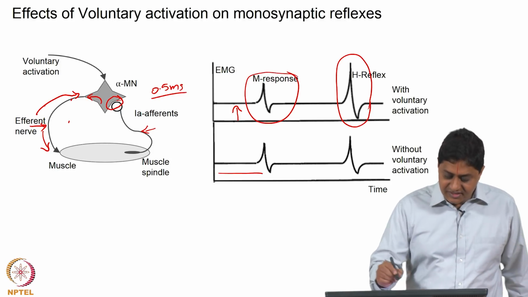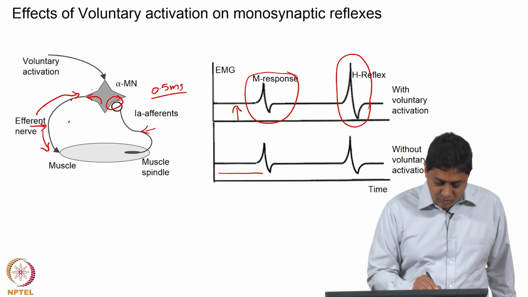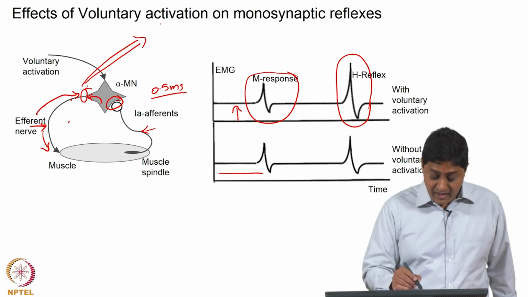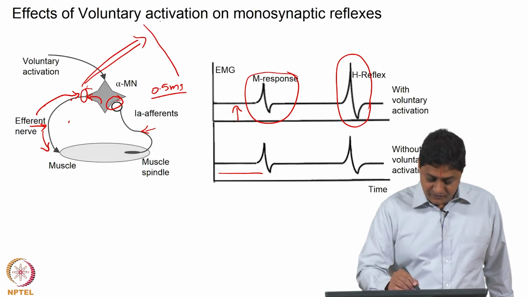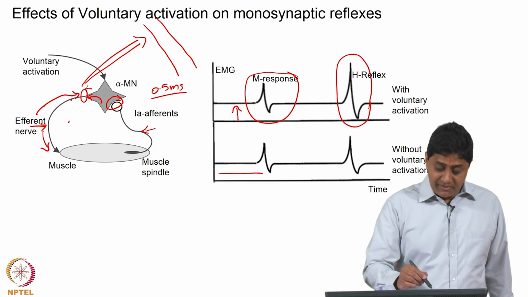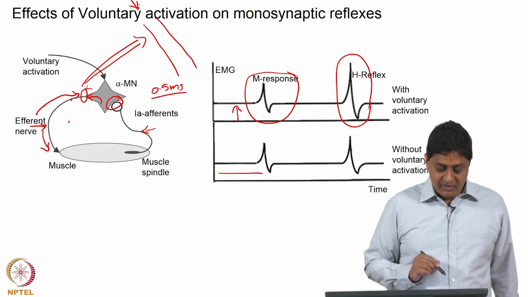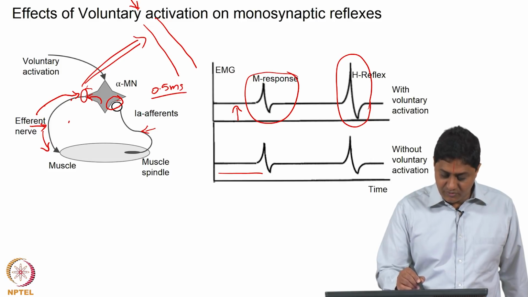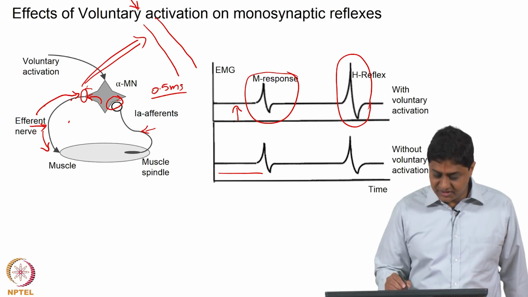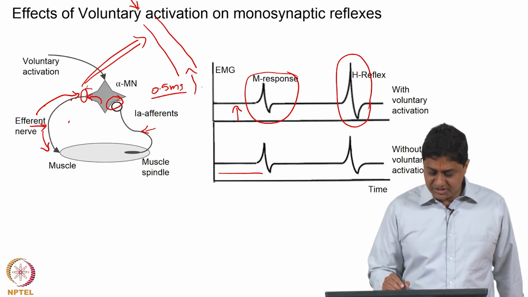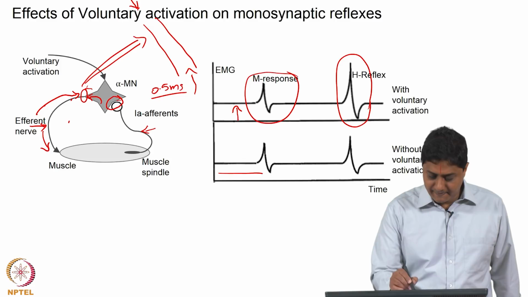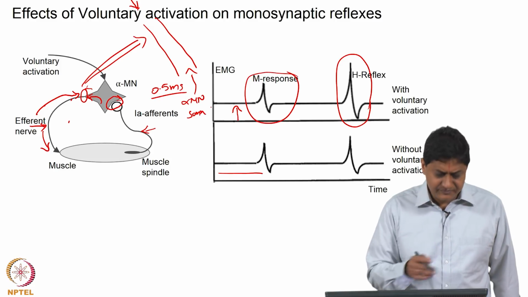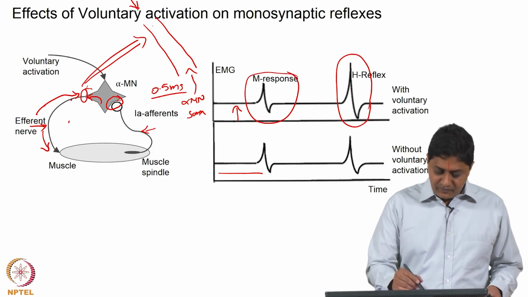Let me zoom out for you to see. That is the membrane there. In this membrane, one action potential is travelling on the alpha motor neuronal axon, and another action potential is travelling on the alpha motor neuronal soma, in two different directions.